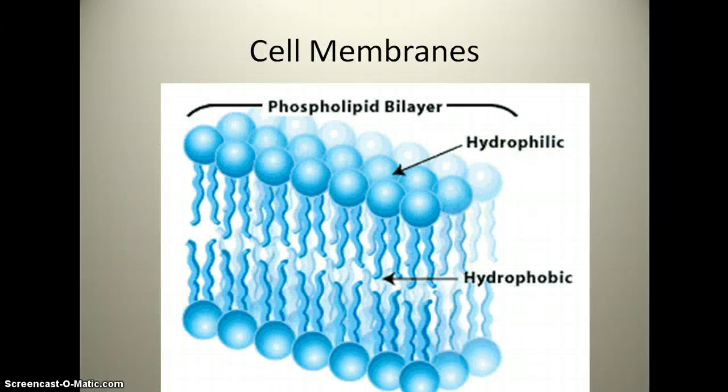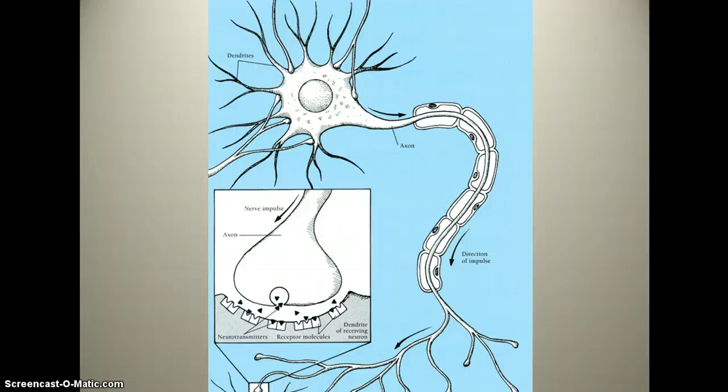Okay, so when we look at a cell membrane, cell membranes have a phospholipid bilayer. And that bilayer kind of forms like a Ziploc bag around the cell. We've talked about the neurons already, so I want you to look at the first podcast for a refresher on that.